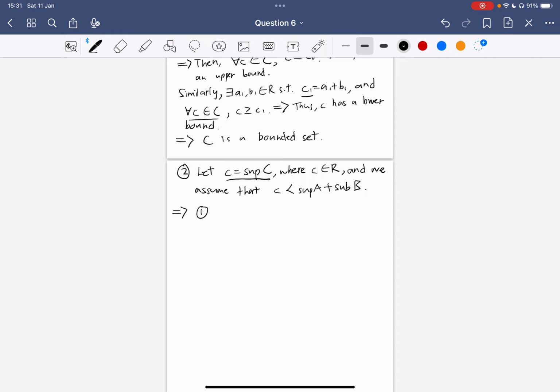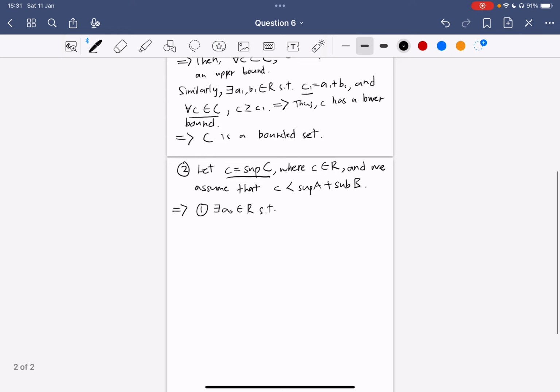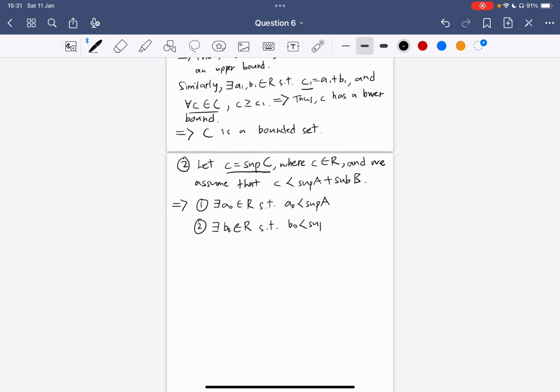First case is that there exists a value, let's call it a naught, in A, such that it is close to sup A. Or the second case, the same for B. Or both of case 1 and 2, right?